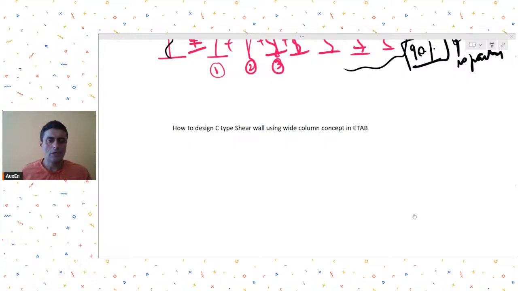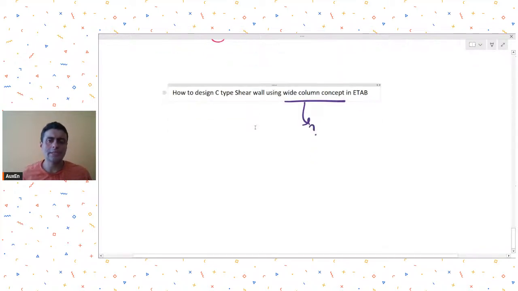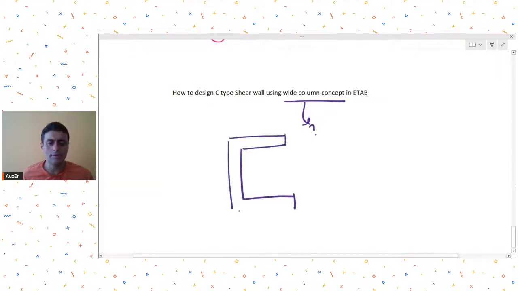Thank you. So, how to design a C-type shear wall using the white column concept in ETABS? What is the white column concept? I don't know what is the white column concept. But if you want to design a C-type shear wall, you just model your C-type shear wall, whatever geometry you are finalizing.